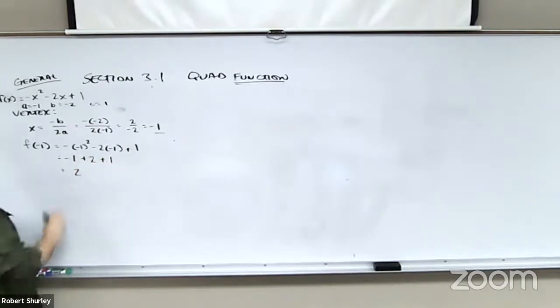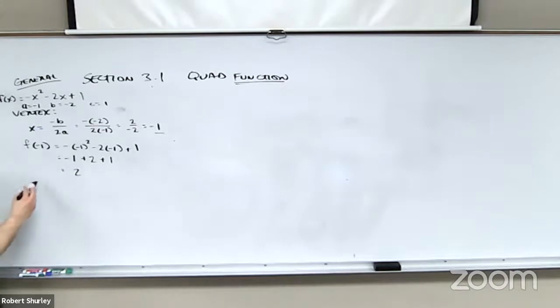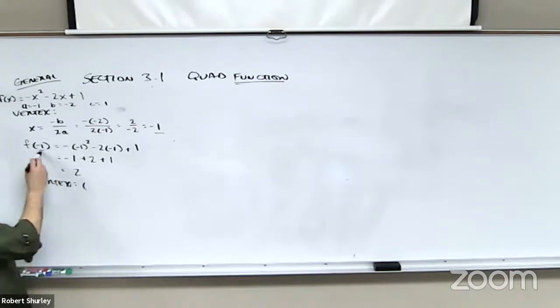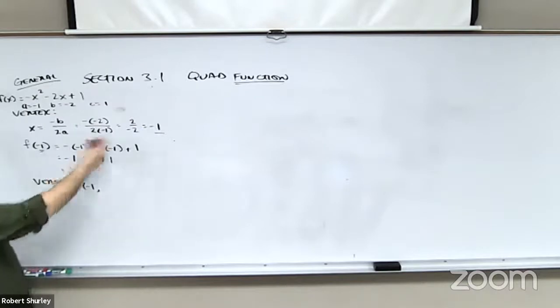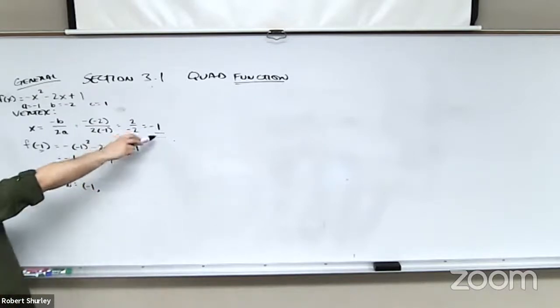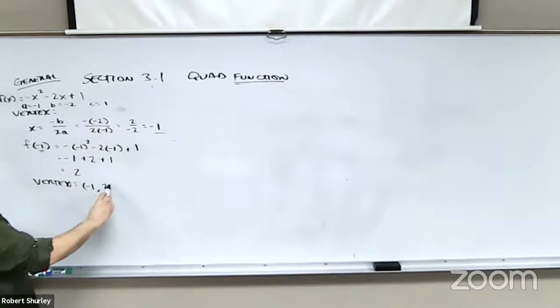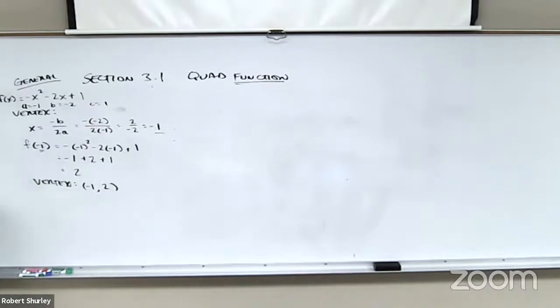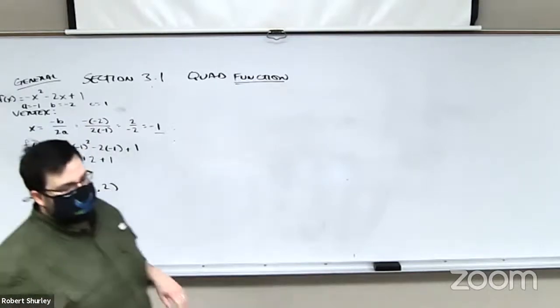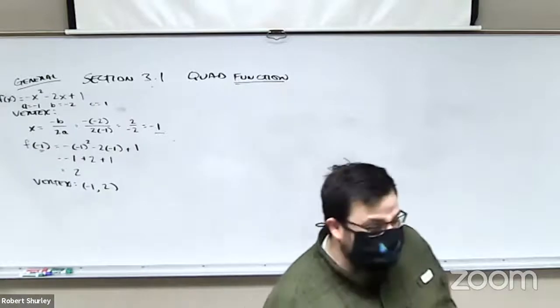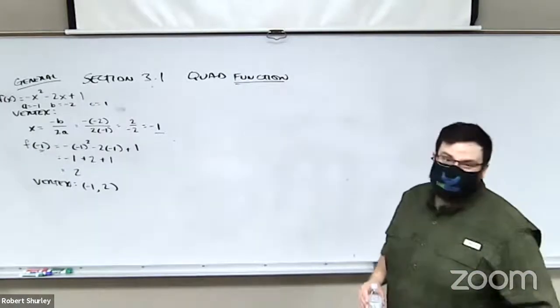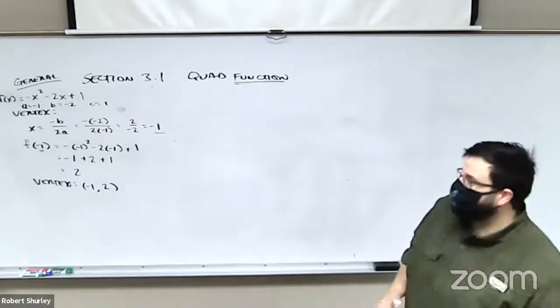So we wind up with +2. So my vertex then: the x value is -1, we worked hard to find that, and the y value we just plugged in to get +2. So the vertex is (-1, 2).